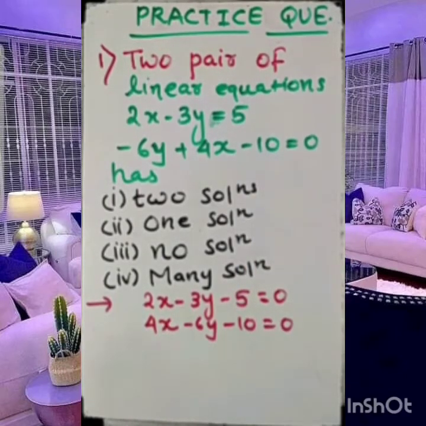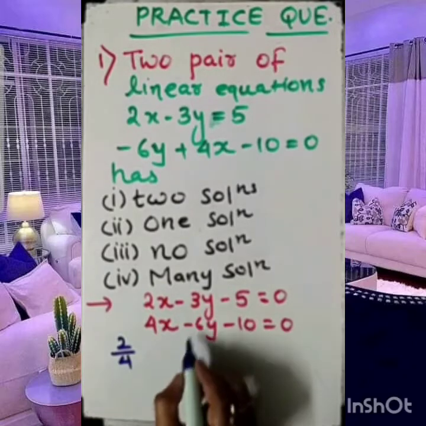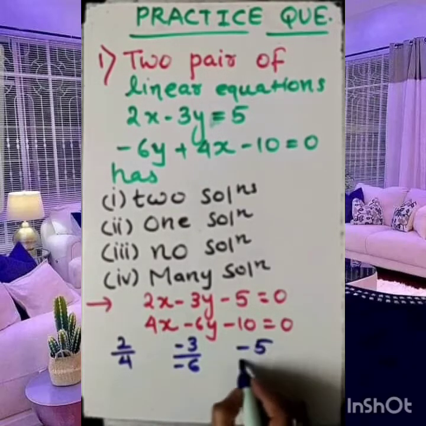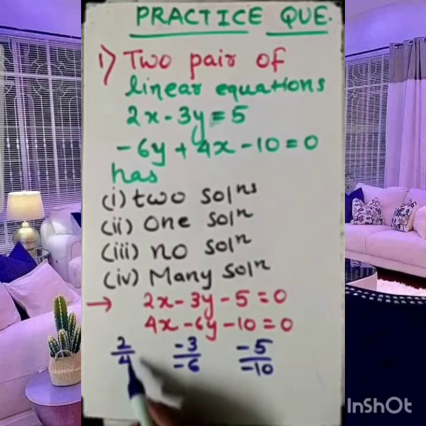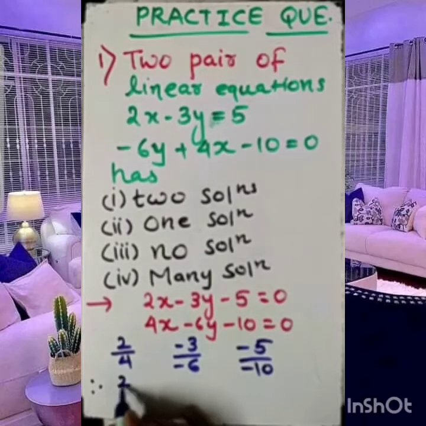So here, if I apply the knowledge, I take the ratios 2 by 4, minus 3 by minus 6, minus 5 by minus 10, that is a1 by a2, b1 by b2, c1 by c2. Then let's check what it is coming.